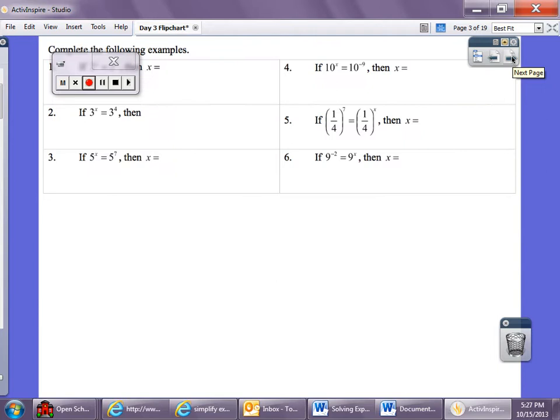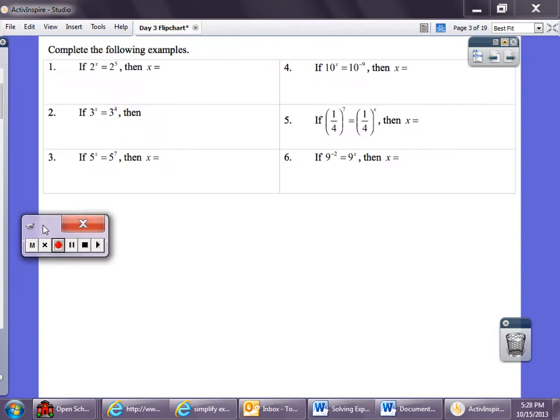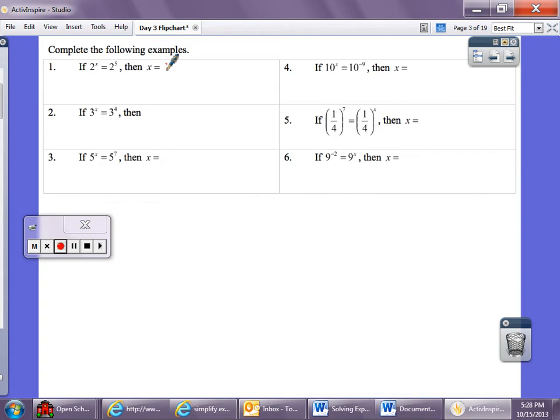So if we look at this first one here, it says complete the following examples. Well, if 2 to the x equals 2 to the 5th, well, that just makes sense that x should equal 5 because they should be the same. And number 2, if 3 to the x equals 3 to the 4th, then x should just equal 4.